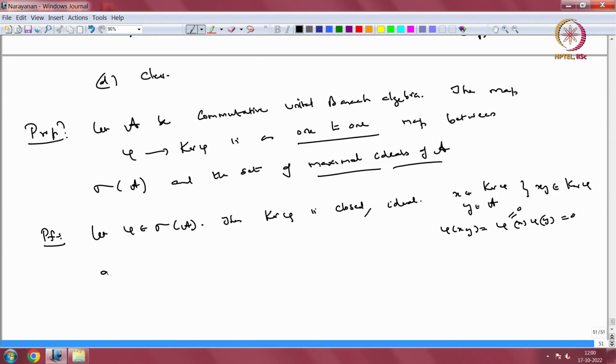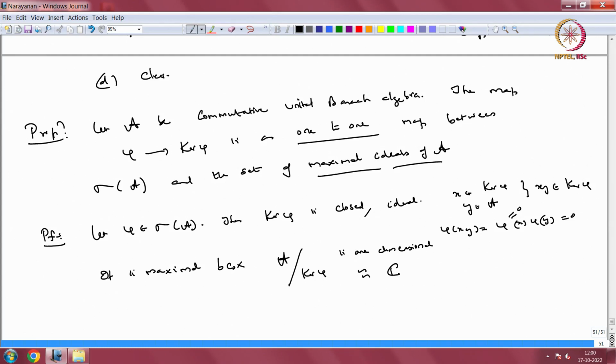I want to say it is maximal. Why is it maximal? This is something you know from functional analysis: if I look at A quotiented with kernel of phi, this is one dimensional, isomorphic to C. Because of that, it has to be maximal, because the quotient is a field.